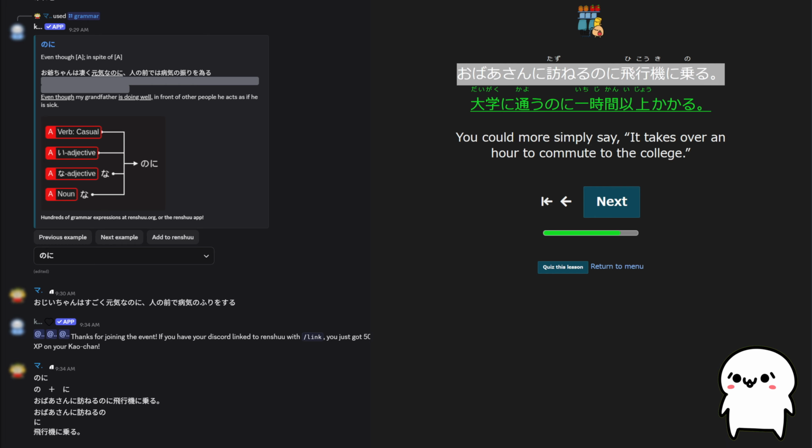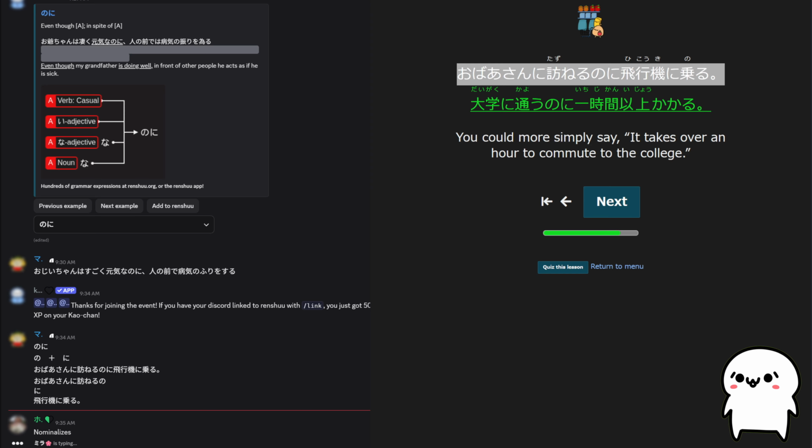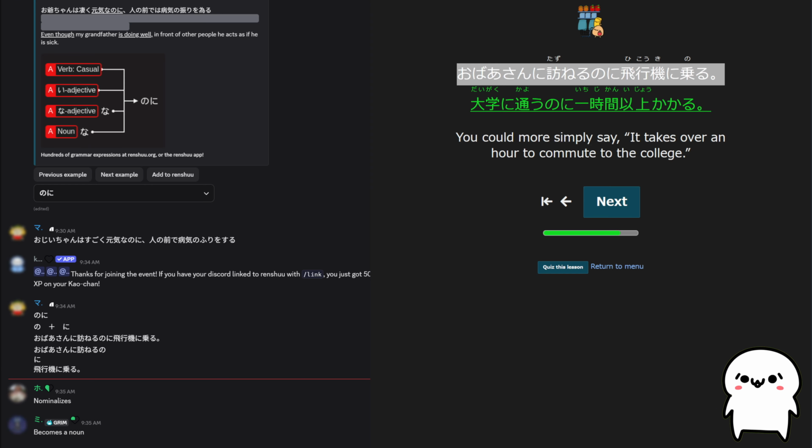What happens to a verb when we throw a no behind it? It changes it, but what does it change it into? I see a couple. It nominalizes, which I love. I love that word, but if you don't know what that word means, you get the definition right below. It becomes a noun.